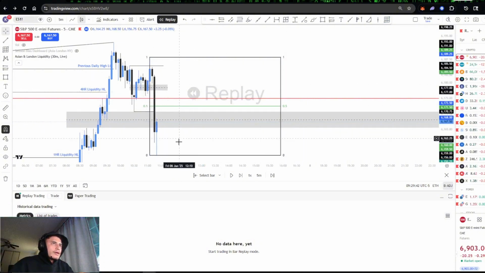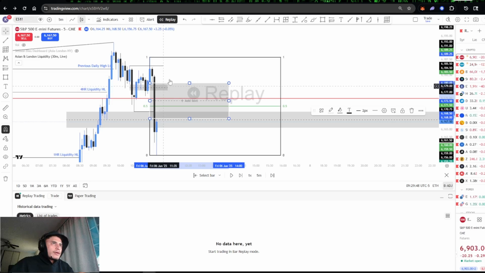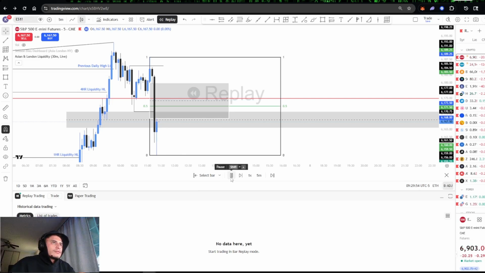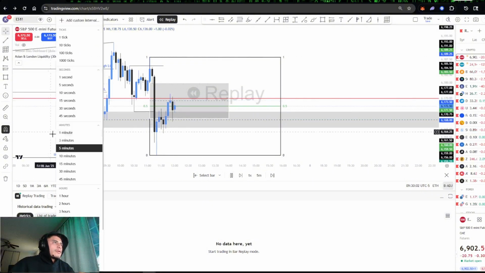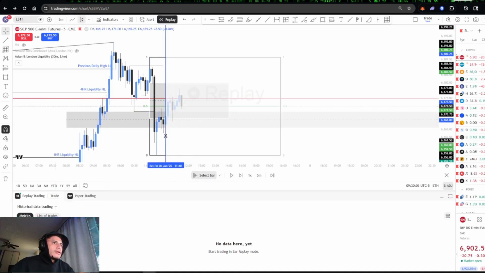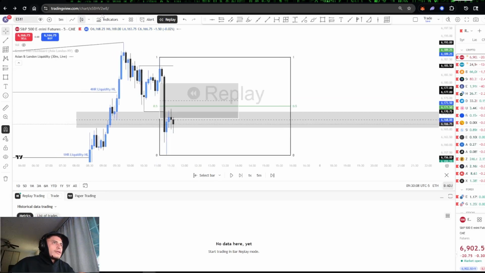So we can get an entry level there, because we did create a big impulse fair value gap here. To do this one, entry level would be there. Before we enter, I would have had a look on this candle right here, so it would have been on this candle still.